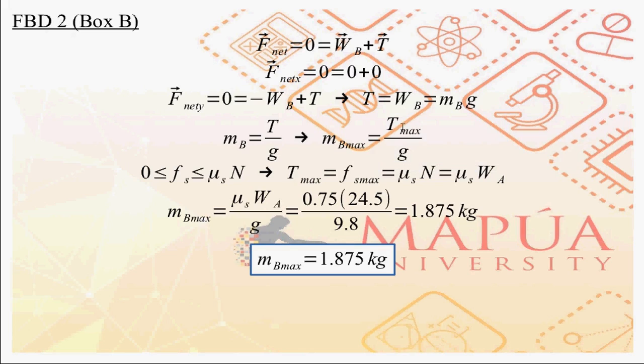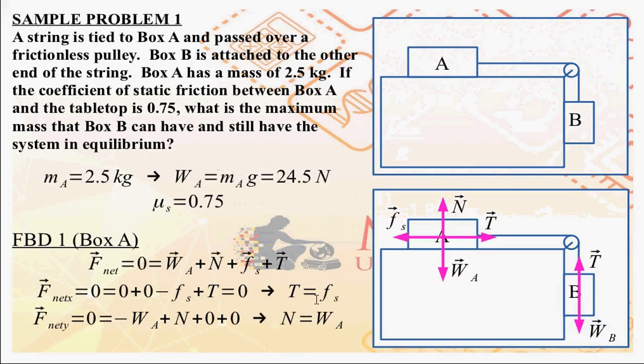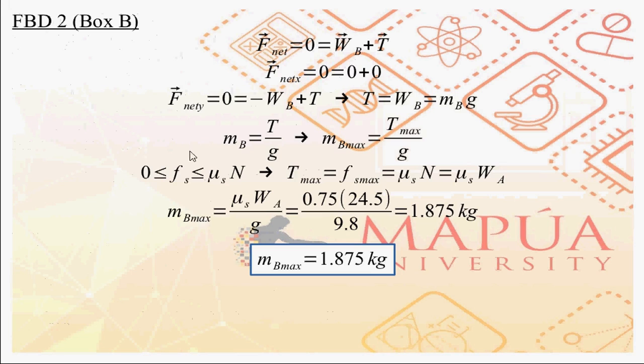And in FBD 1, we saw that tension is just equal to static friction, and we know that static friction ranges from 0 to a maximum value.